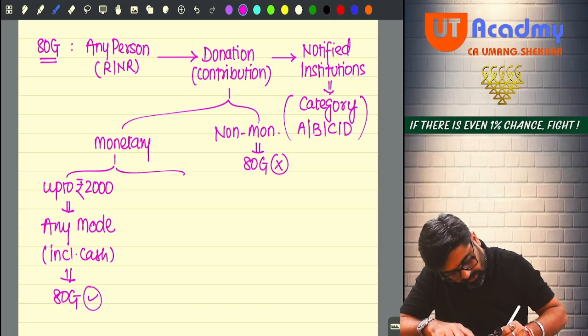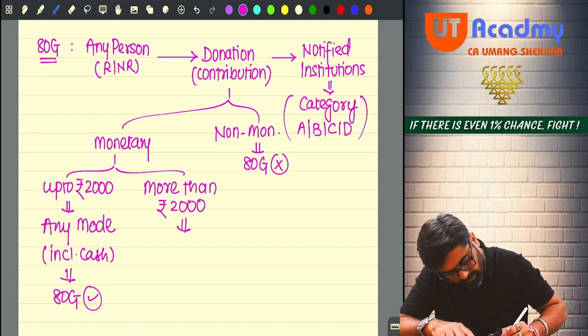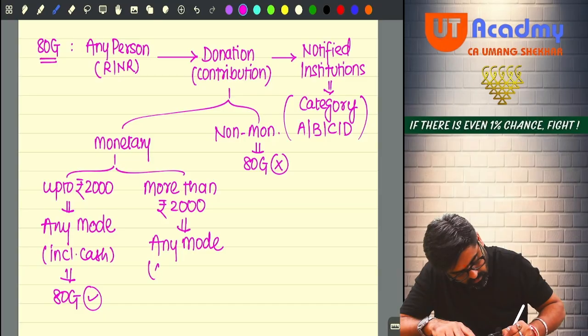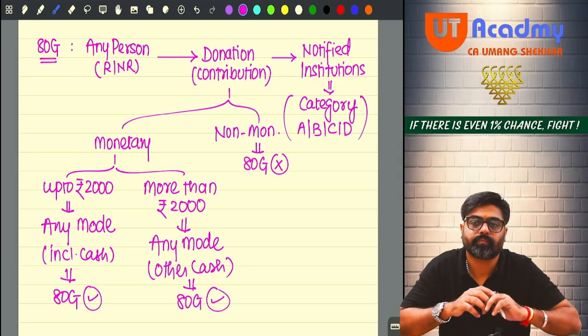But a monetary donation for an amount which is more than 2000 must be made by way of any mode but other than cash. Only that will qualify for 80G deduction.